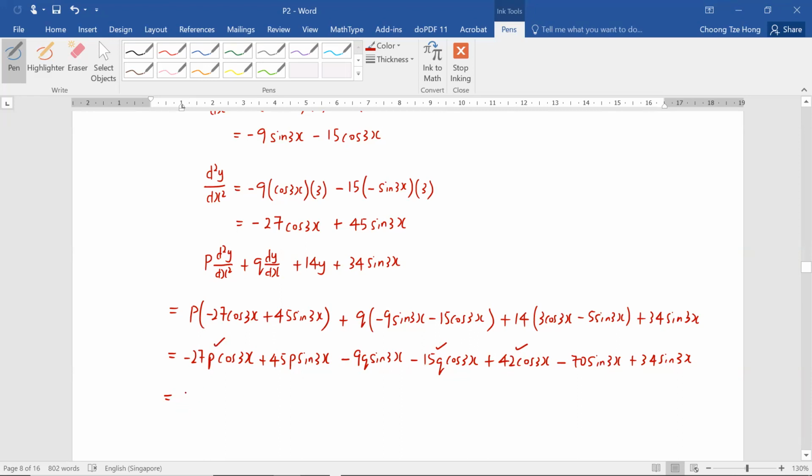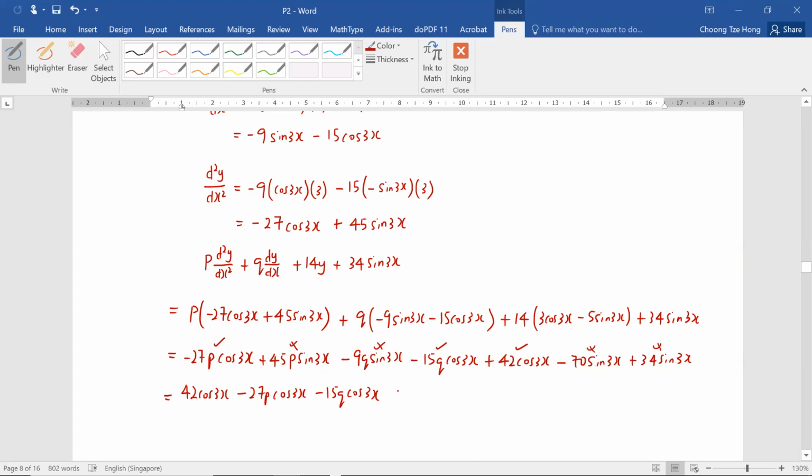Okay, if we were to factorize out, maybe I'll just do the extra step. Minus 27p cosine 3x minus 15q cosine 3x. Then for the sine 3x terms, we will have this one, and then these two, which we can combine together.